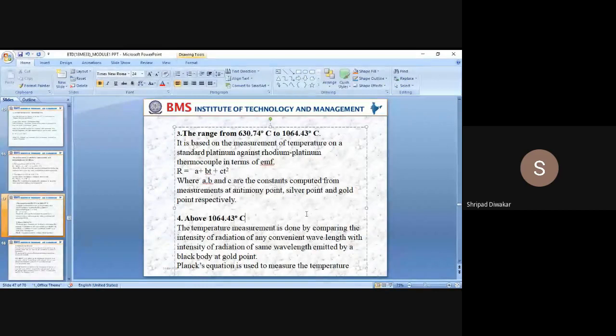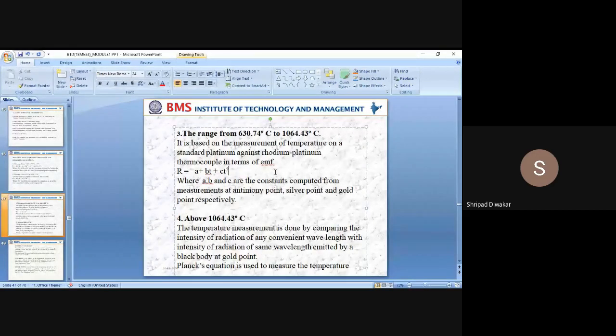Second range is 0 degrees Celsius to 630.74. And third range is from 630.74 degrees Celsius to 1064.43 degrees Celsius. It is based on measurement of temperature on a standard platinum against a rhodium-platinum thermocouple in terms of EMF. As I said, thermocouple is the device used to measure temperature above 630 degrees Celsius.